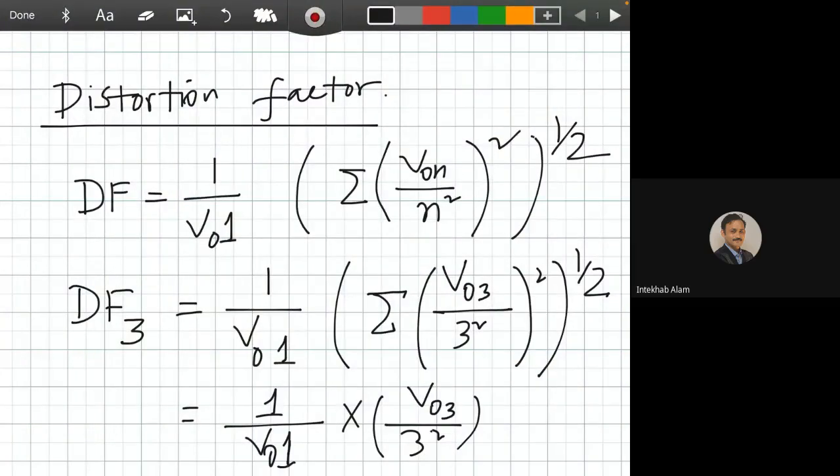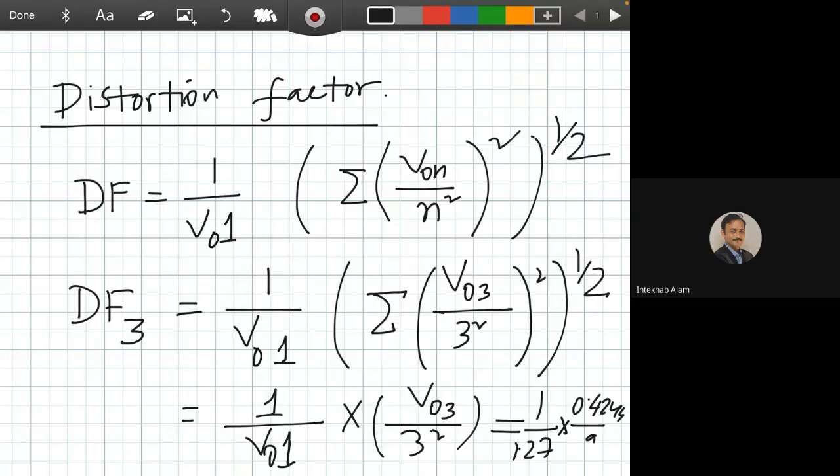If we want to find the distortion factor, then the value will be 1.27 multiplied by 0.4244 divided by 9. Let's complete this calculation: 1.27 multiplied by 0.4244 divided by 9.